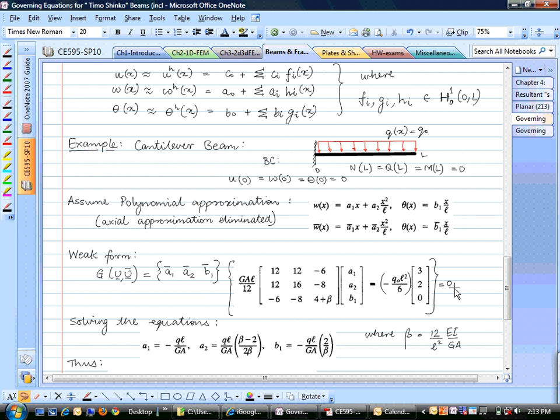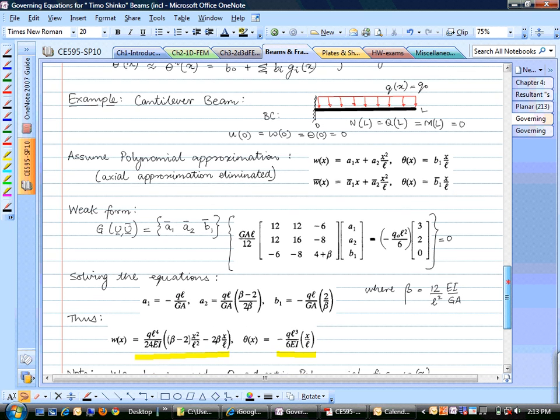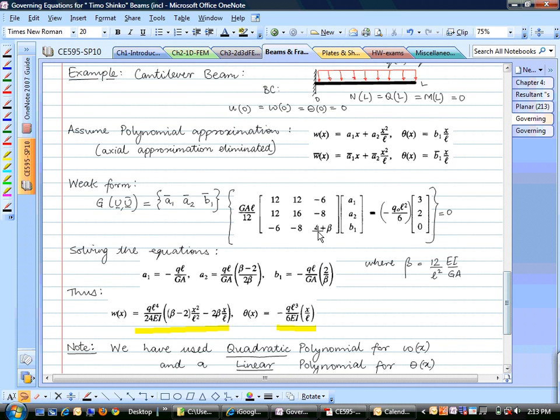So the exact same machinery that we have developed for 2-dimension, 3-dimension, and 1-dimension problems is going to work for this beam, for Timoshenko beams also. If you solve this equation, you'll get some coefficients, and this is the approximate solution for lateral displacement of the cantilever beam. This is the approximate solution for the rotations at any x.